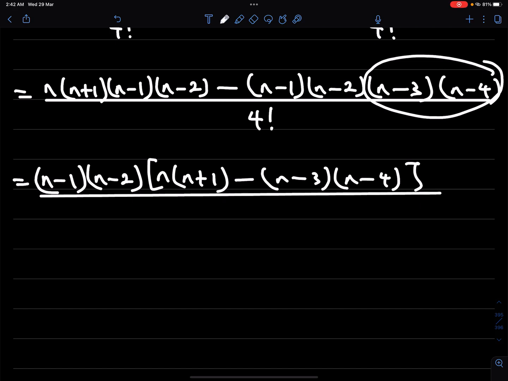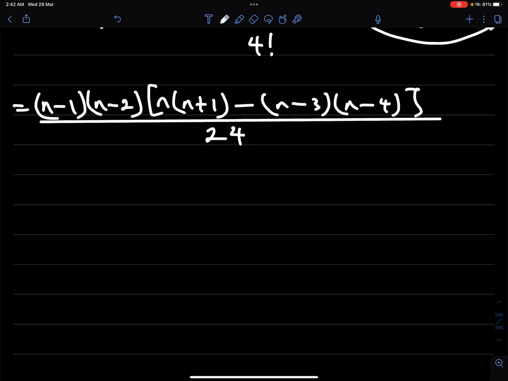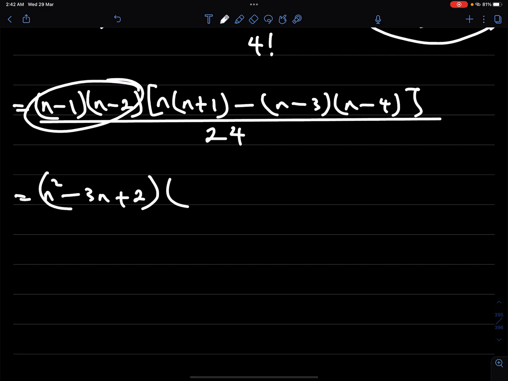I know that 4 factorial is 4 times 3 times 2 times 1, which is 24, and that's equal to, I can expand this, n minus 1 times n minus 2 is the same as n squared minus 3n plus 2. If you expand that simply, you're going to get n squared minus 3n plus 2 into bracket. n times n plus 1 is going to be n squared plus n, minus open bracket.